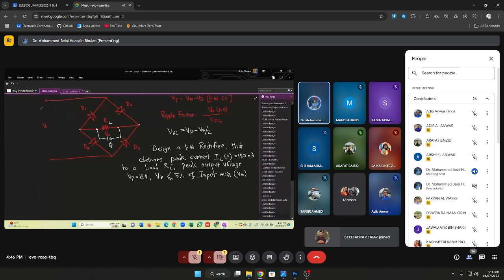And the frequency of the signal is 50 hertz. I have to design it, so I need to determine: what is the value of RL?